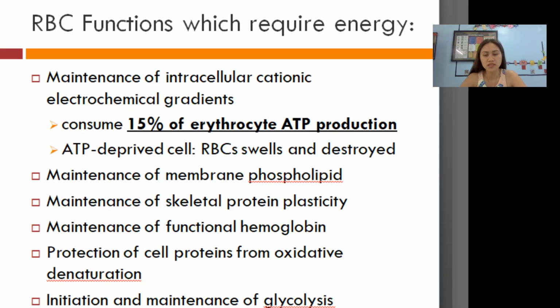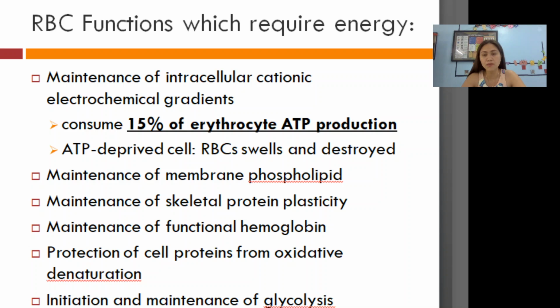Of course, our cells, especially our RBC, are very vulnerable to oxidative injury from oxidative factors. Then, of course, it requires energy in order for the cell proteins to be protected inside.